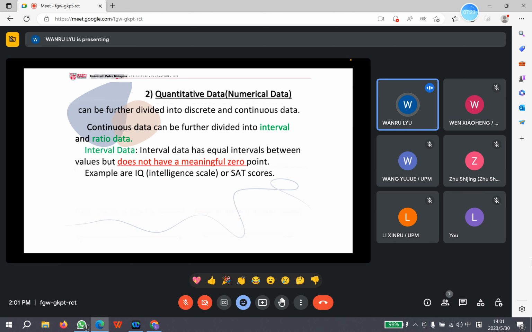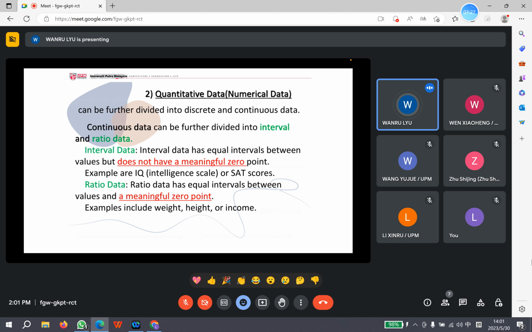These two kinds of data are both related to scale, but the most significant difference between them is that interval data doesn't have a meaningful 0 point, such as IQ and SAT scores, but ratio data has a really meaningful 0 point, like weight, height, and income.